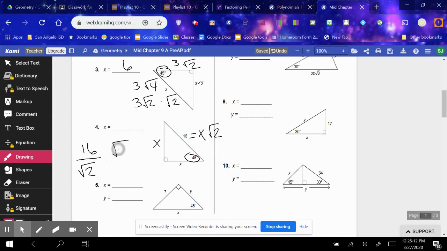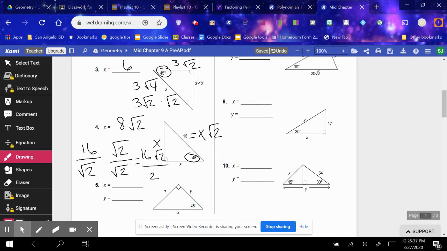So we multiply by the square root of 2 over the square root of 2, and we get 16 square root of 2 on top. Square root of 2 times the square root of 2 is the square root of 4, which is 2. And then we can take our 16 and divide by 2 to get 8 and keep the square root of 2.